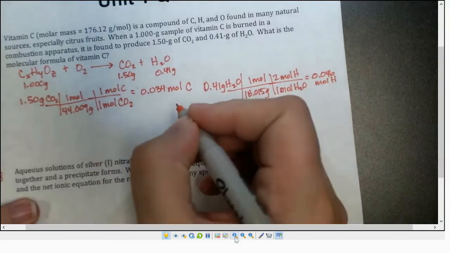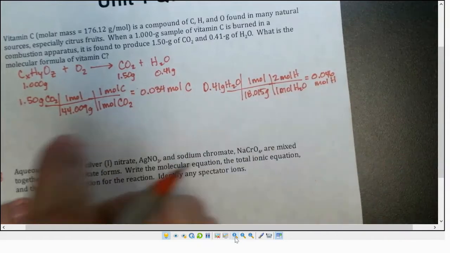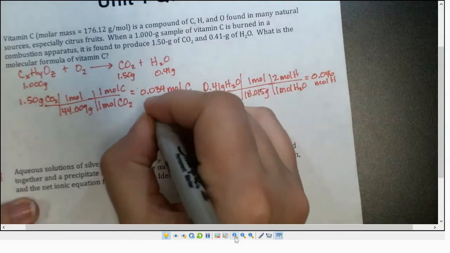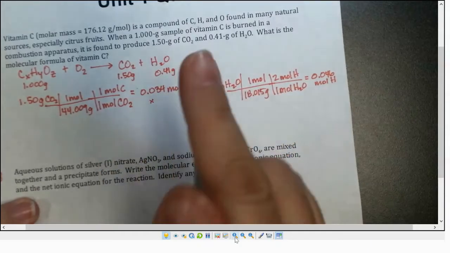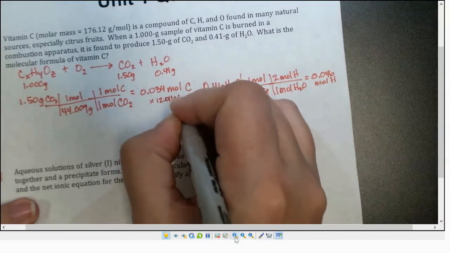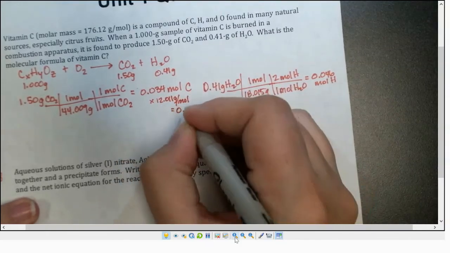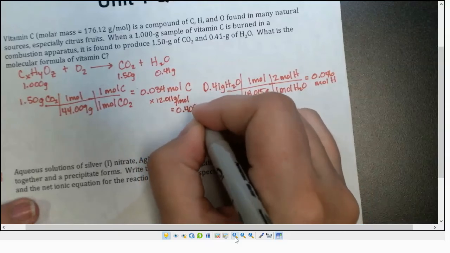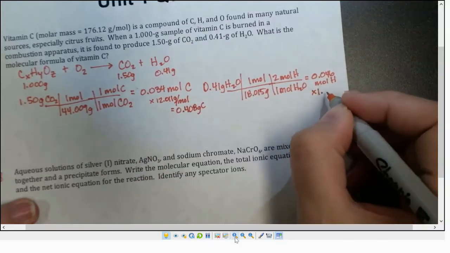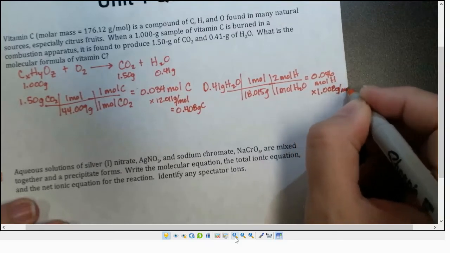So to do that, I need to take these moles of carbon and hydrogen and convert them to grams. So I'll just multiply by their molar masses. The molar mass of carbon is 12.011 grams per mole. And that gives me 0.408 grams of carbon. Do the same thing with the hydrogen, 1.008 grams per mole.